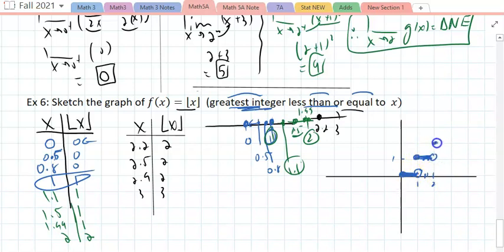I jump to 2. And then I fill all of those. When I get to 3, I jump to 3. If I pick negatives, it works out the same way. And hence, this is what's known as the famous step function. So you need something like that for the homework, and continue with the next section. And that's pretty much it for this section.